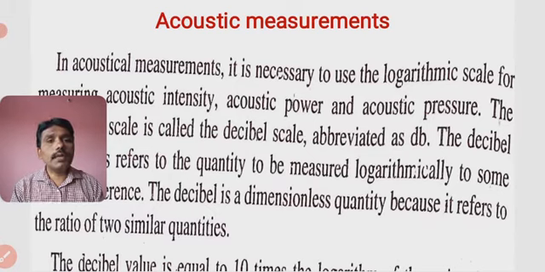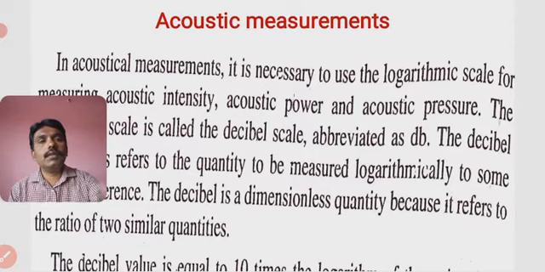Basically it is a logarithmic scale, and it measures the acoustic intensity and the power as well as the pressure. The unit for this is the decibel, and in short it is written as dB.